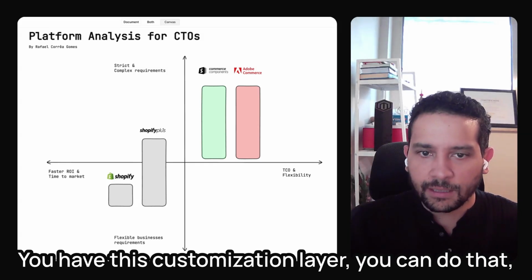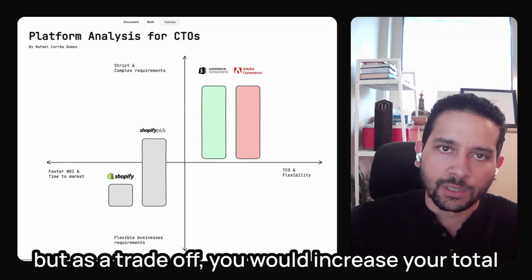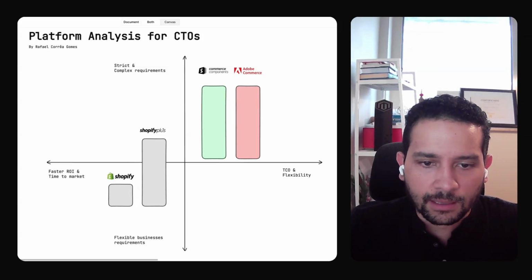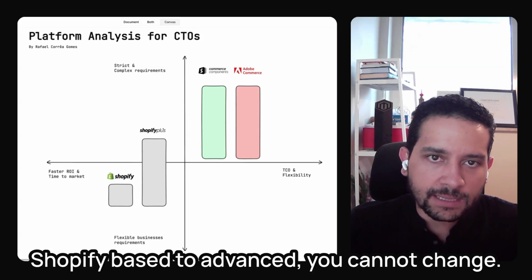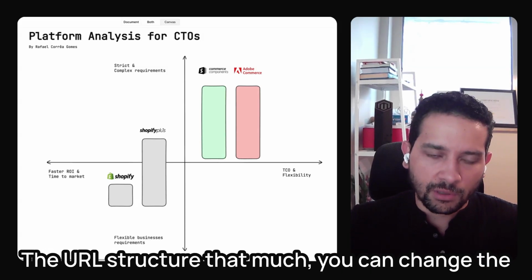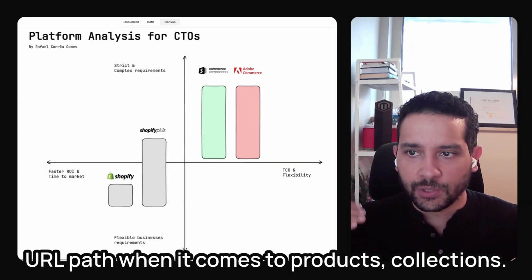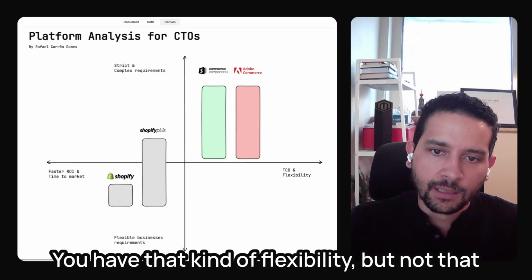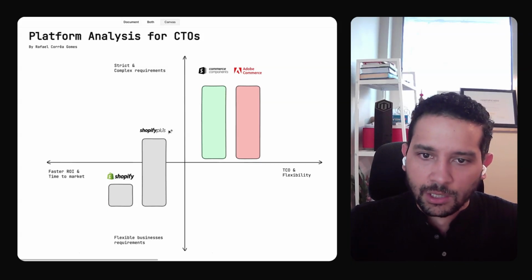You have this customization layer, you can do that, but as a trade-off, you would increase your total cost of ownership and the time to market as well. At the same time, on Shopify Plus and on Shopify Basic to Advanced, you cannot change the URL structure that much. You can change the URL path when it comes to products and collections. You have that kind of flexibility, but not that deep flexibility to change the URL structure.